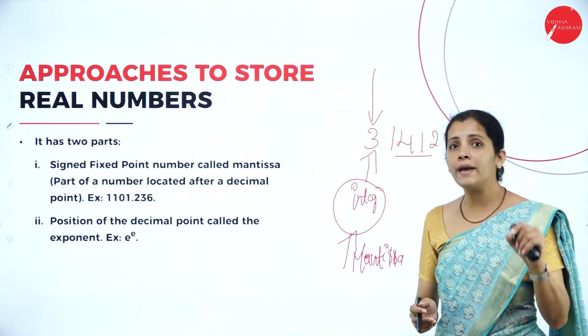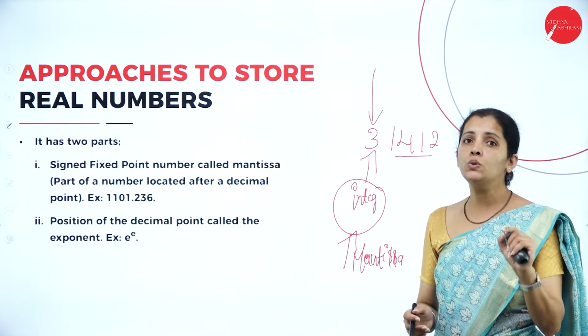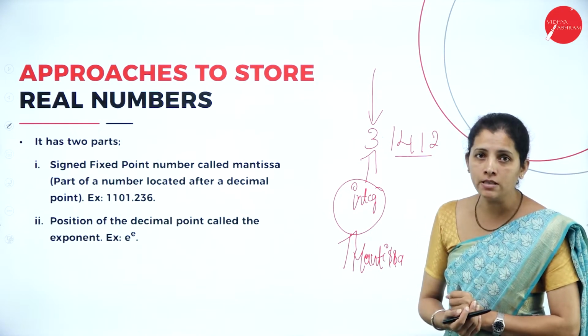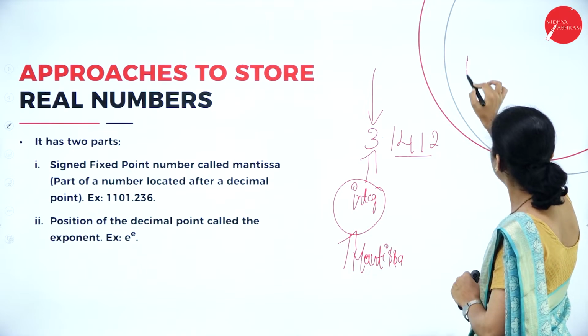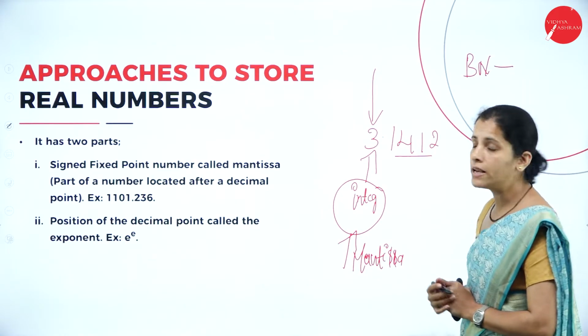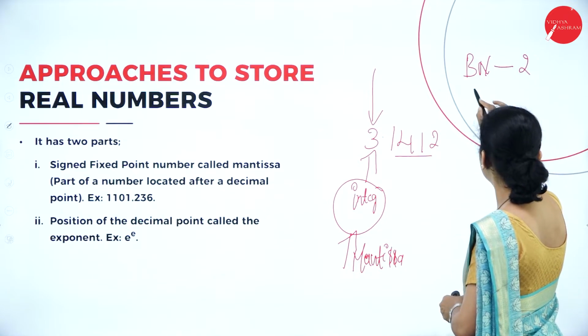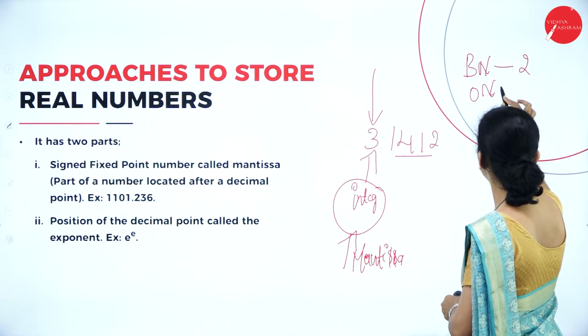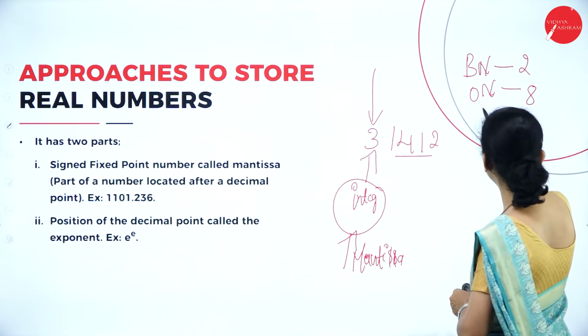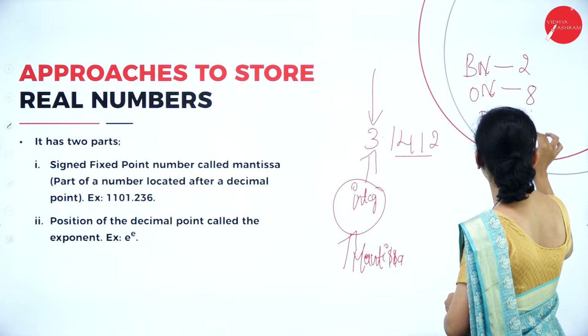So what is base? Here base is used to represent what kind of number system. For example, if it is binary number system, then what is the base? It is 2. If it is octal number system, the base is 8. If it is decimal number system, the base is 10.